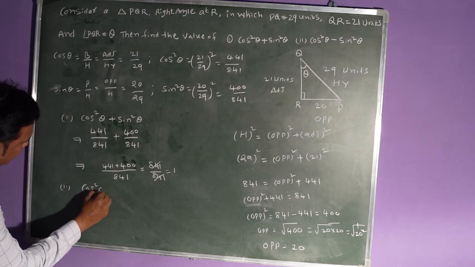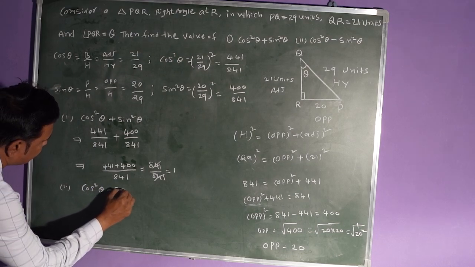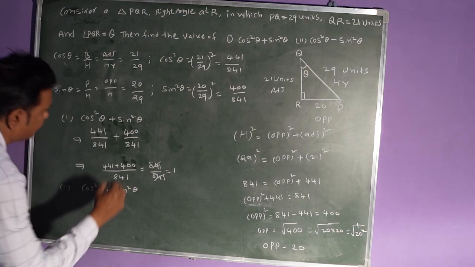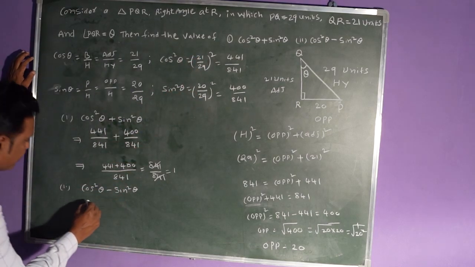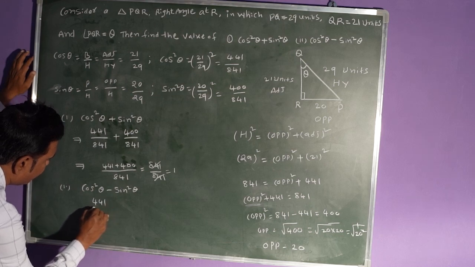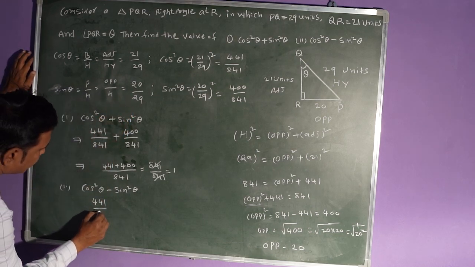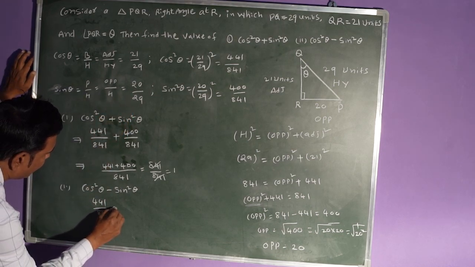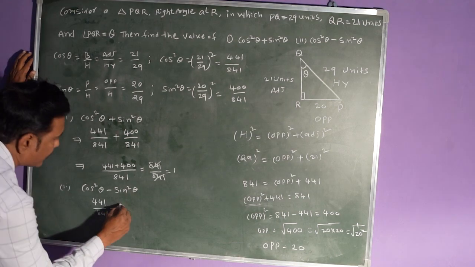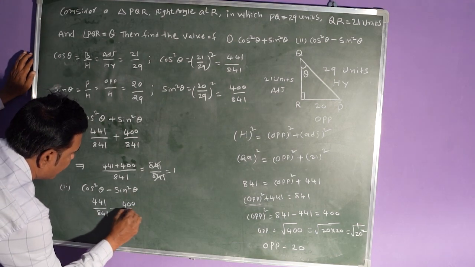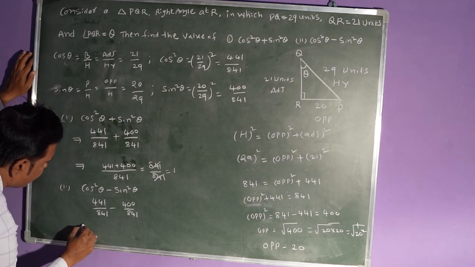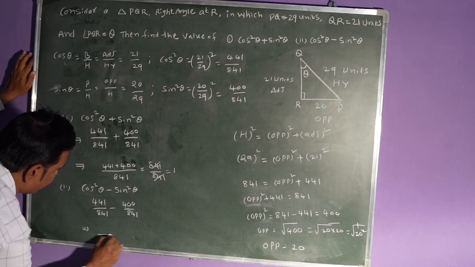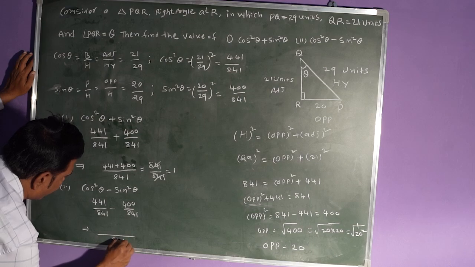Then the second one is cos square theta minus sin square theta. Cos square theta is equal to 441 by 841 minus sin square theta means 400 by 841. On this place LCM is the same, 841.